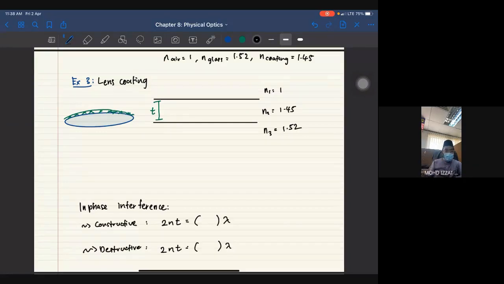What I meant earlier is that if it's in phase, constructive and destructive follow the double slit, which is m for constructive, m plus half for destructive. Okay, are you guys clear or not?